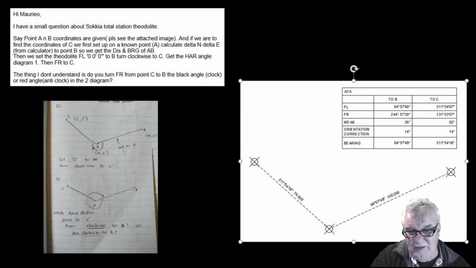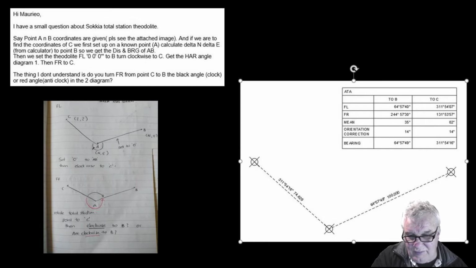Bearings are always measured clockwise from north. So, and then take that away. That would give me that angle there. Now, this angle in here is a little bit trickier to work out. You could, obviously 360's up in here, so you could subtract 360 minus 311.54.16, plus that would give me that angle in there.